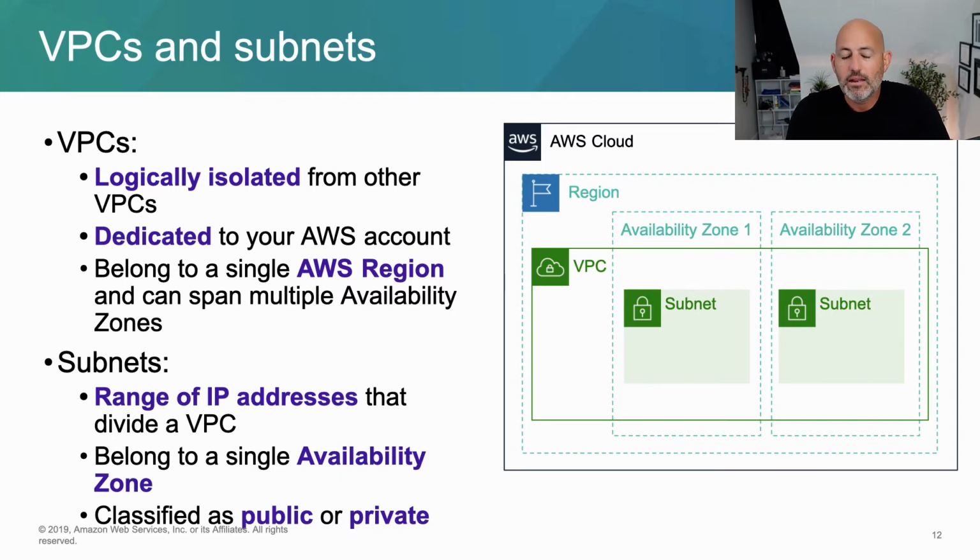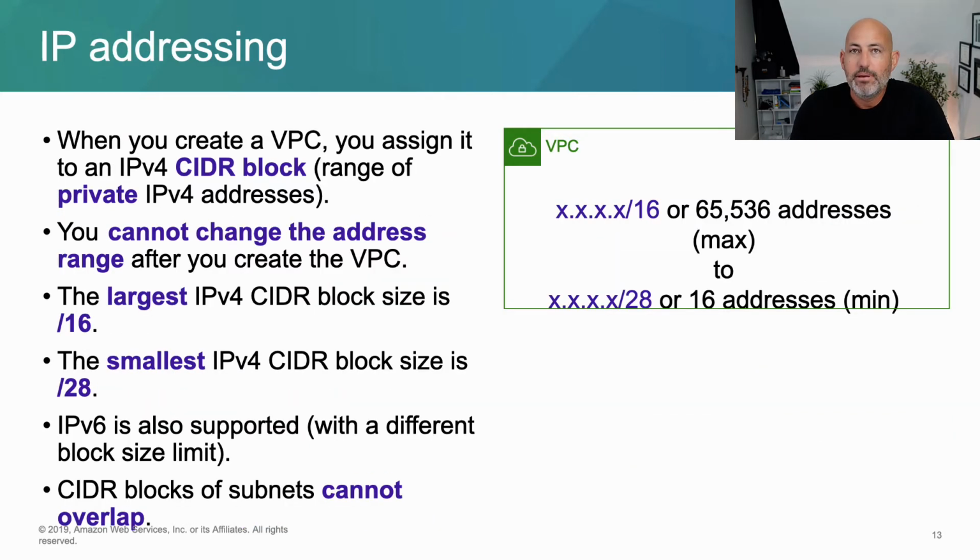And a subnet is a range of IP addresses that divide a VPC, and they belong to a single AZ, and they're classified as either public or private subnets. IP addressing enables resources in your VPC to communicate with each other. When you create a VPC, you assign an IPv4 CIDR block of private IP addresses.